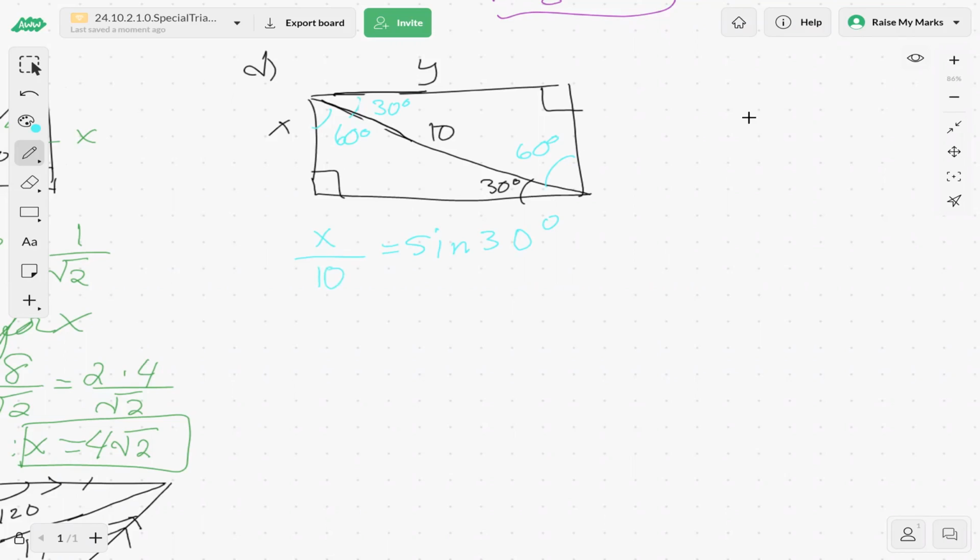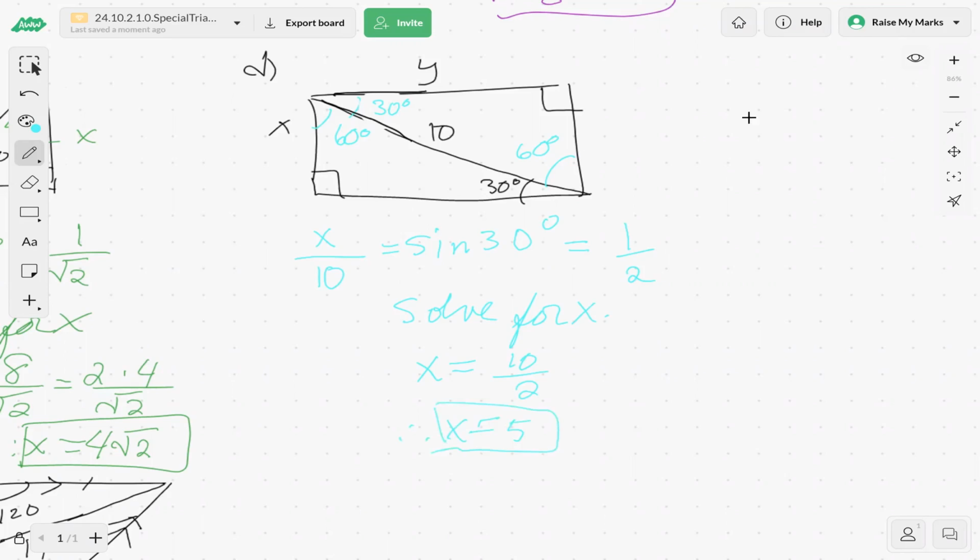So x over 10. But the sine of 30 also equals 1/2. So then we can solve for x. Solve for x, that's a bright blue. x equals 10 over 2, or x equals 5.